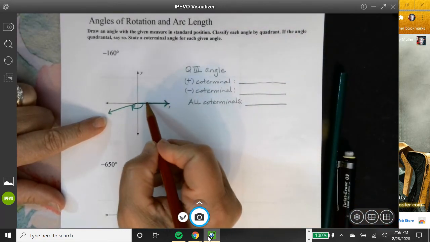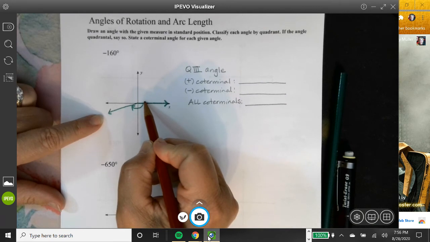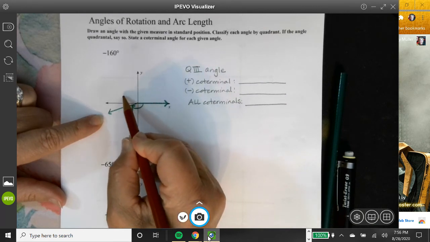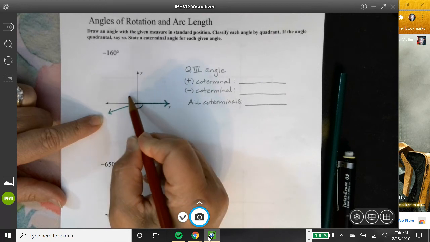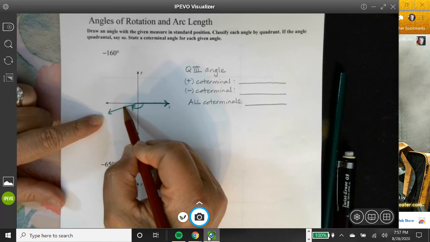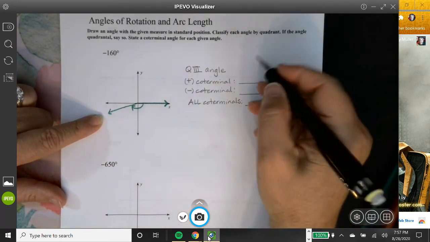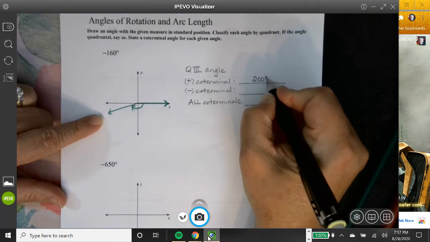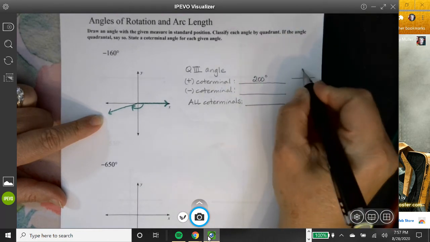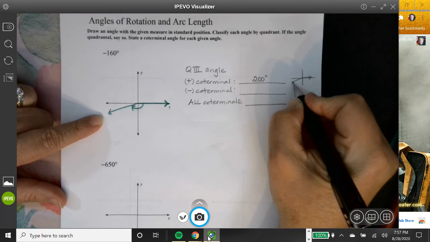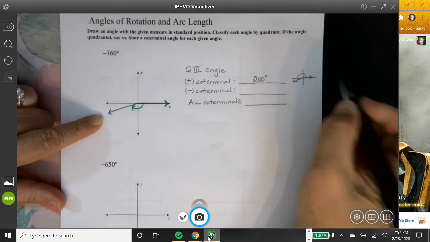Okay, so I could draw the positive rotation, which is counterclockwise, and go from the positive or initial side here and rotate this direction, right? So if I rotate this direction, I will have gone 180 plus 20, which is 200. So that would be 200 degrees, right?